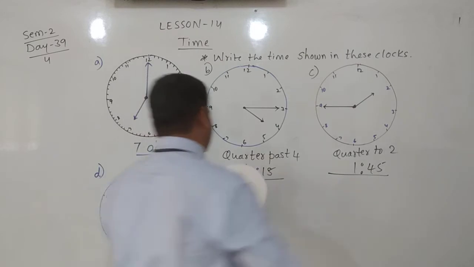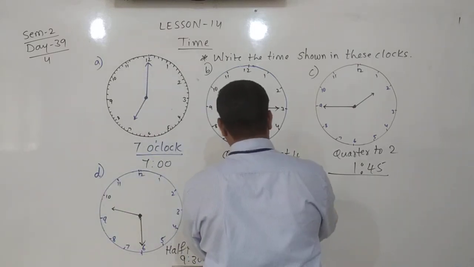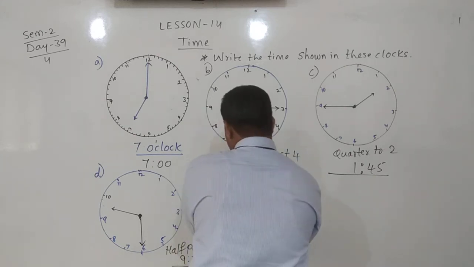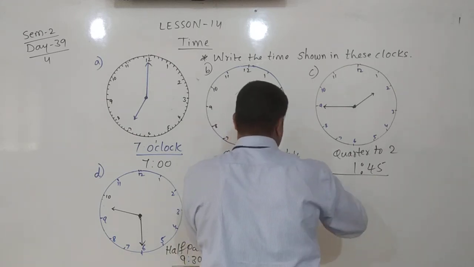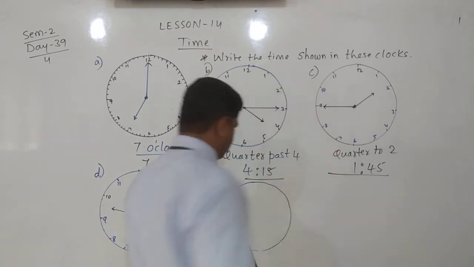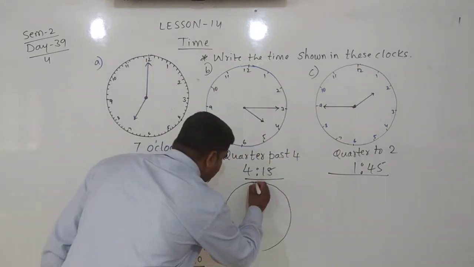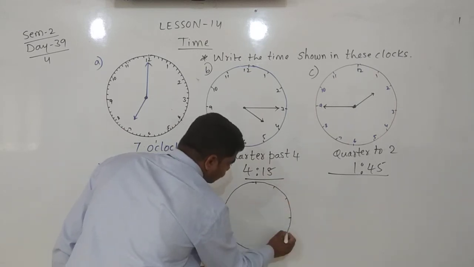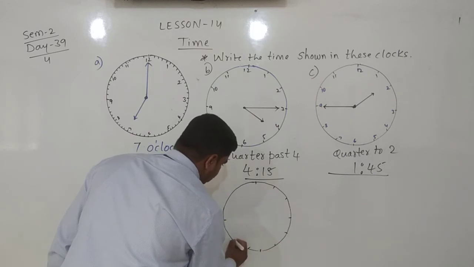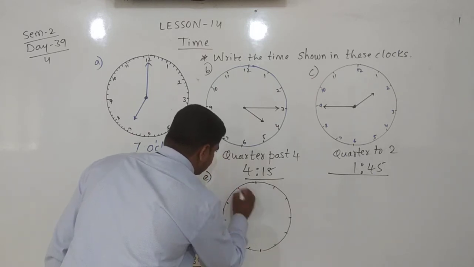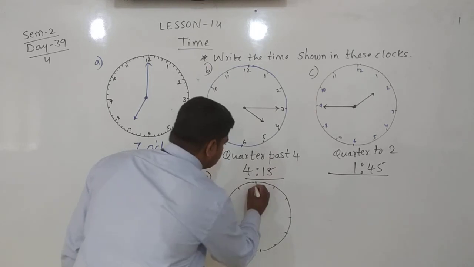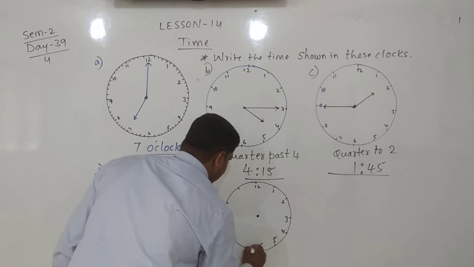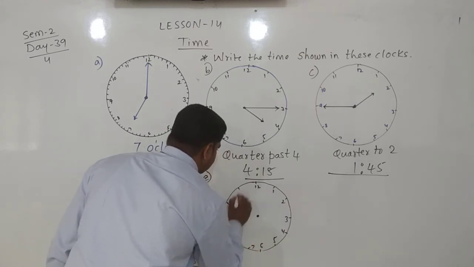Very simple clocks we draw. Now, 12, 1, 2, 3, 4, 5, 6, 7, 8, 9, 10, 11.